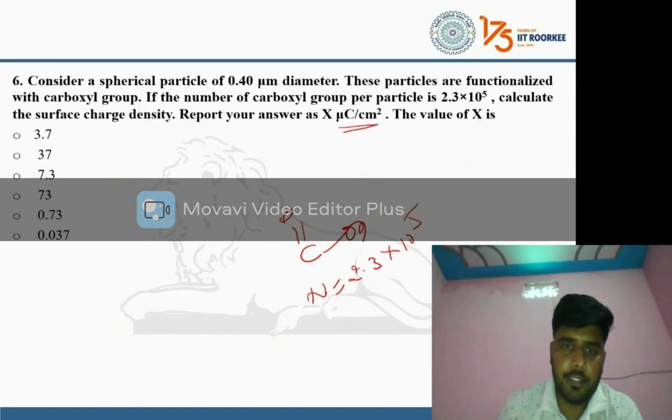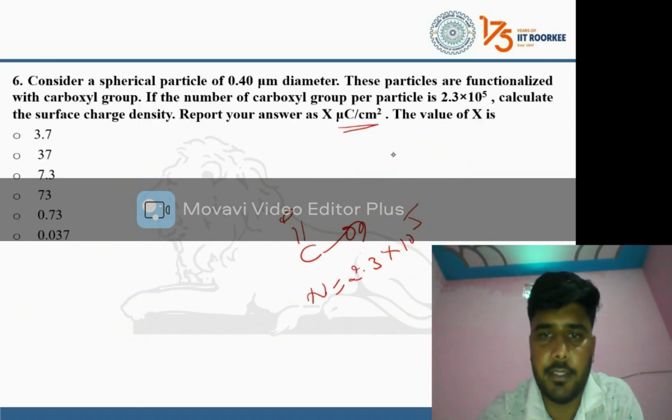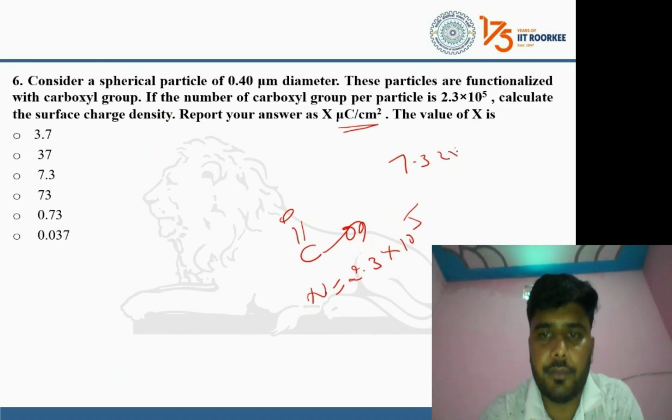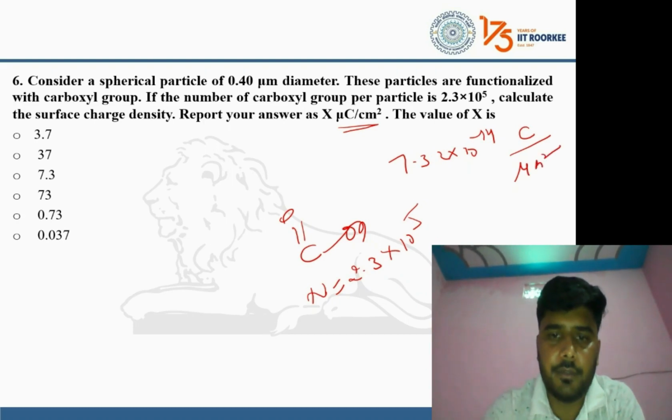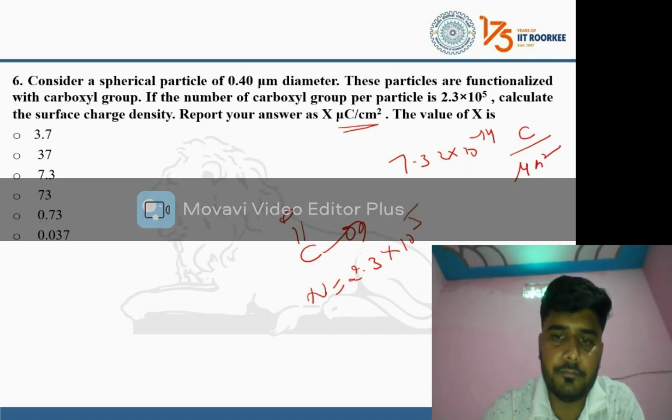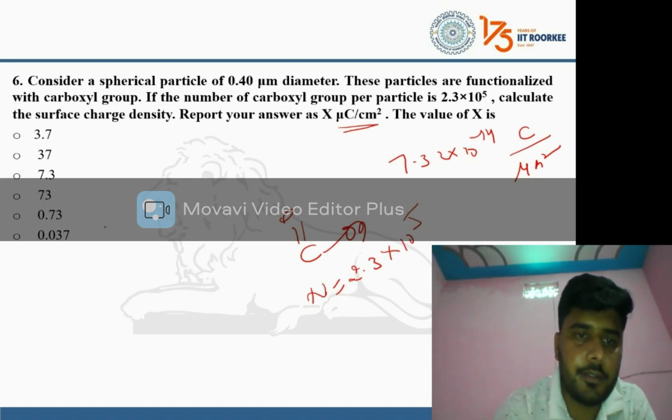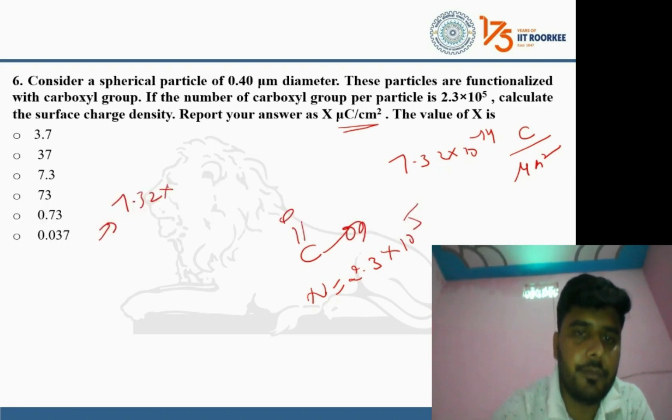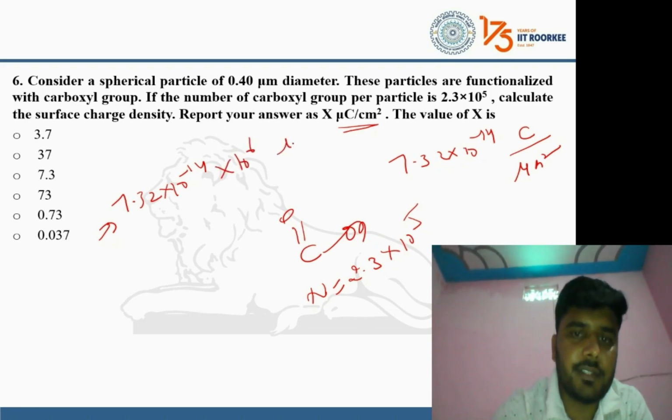I am writing on this slide 7.32 into 10 to the power minus 14 coulomb per micrometer square, which is 7.32 into 10 raised to 6 microcoulomb.